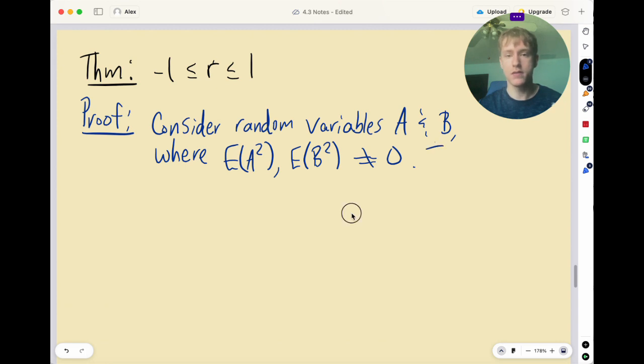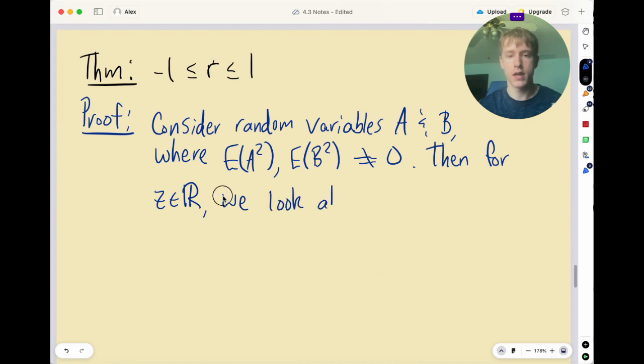Well, then I'm going to go ahead and let z be some arbitrary real number. And what we're going to do is we're going to look at the random variable z times a minus b. That's a random variable in its own right.